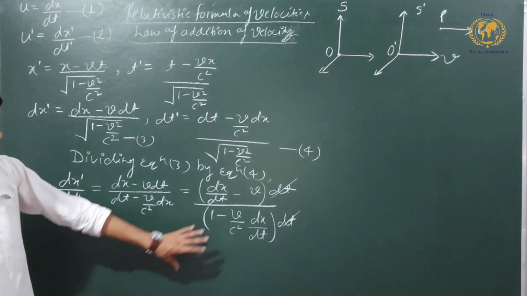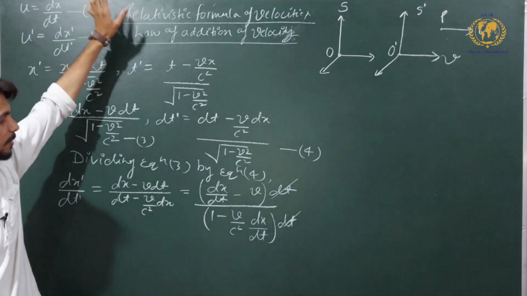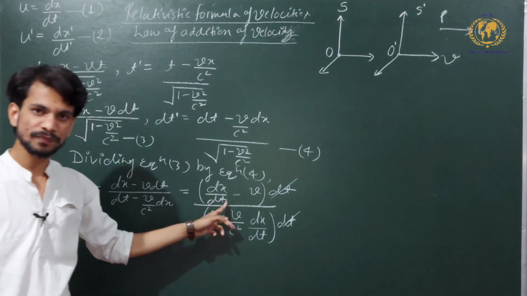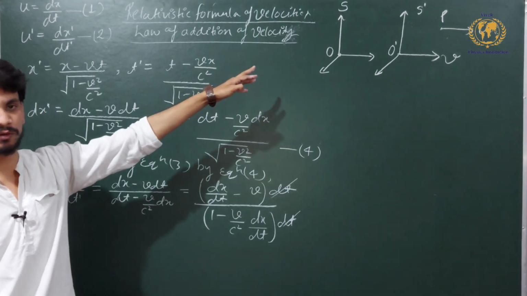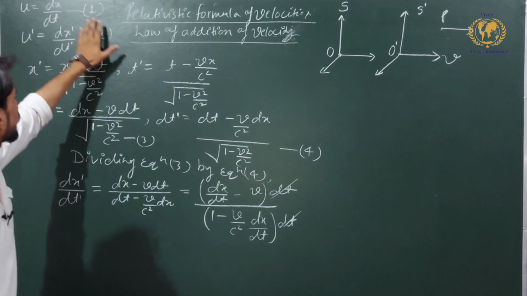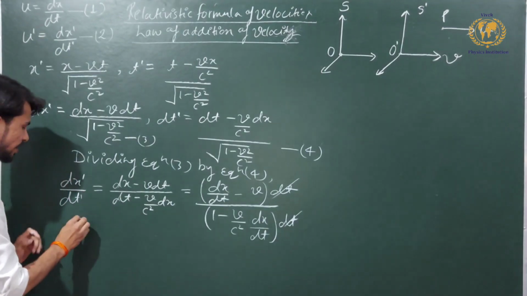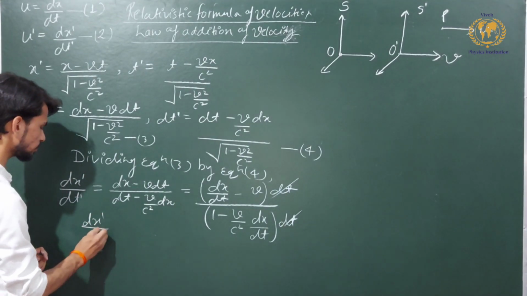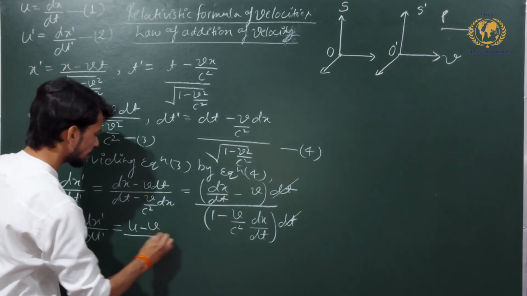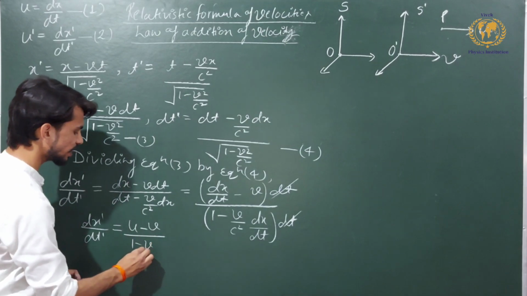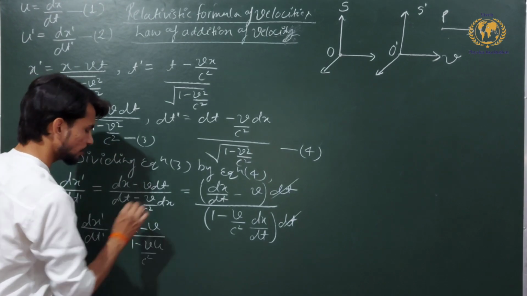Okay, now in this factor you can use equation number 1 as well as equation number 2. Dx over dt is nothing but the velocity of the particle P observed from the S frame of reference by observer O. So from equation number 1 this is simply u, and it is going to equal dx dash over dt dash. So dx dash upon dt dash equals u minus v divided by 1 minus v divided by c square, again dx over dt from equation 1 is u.